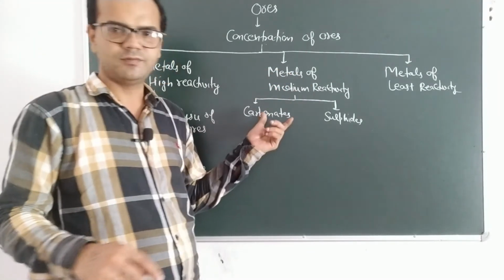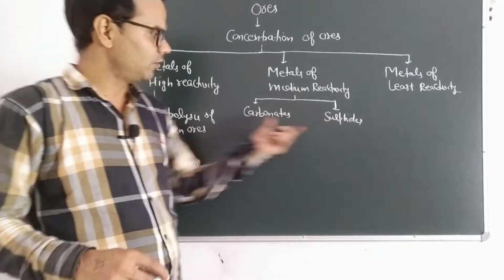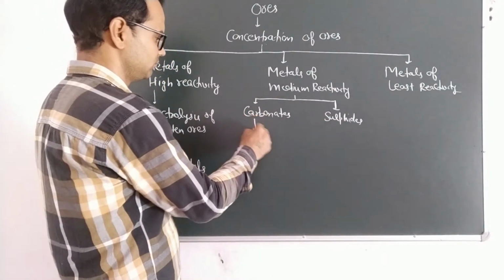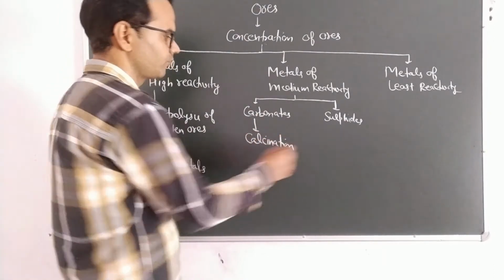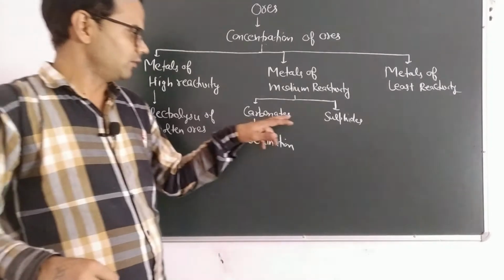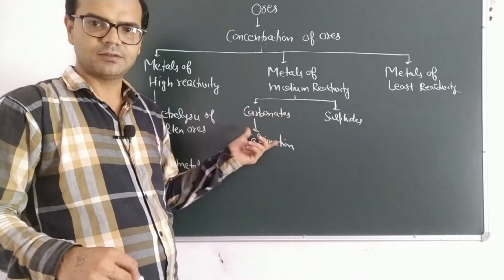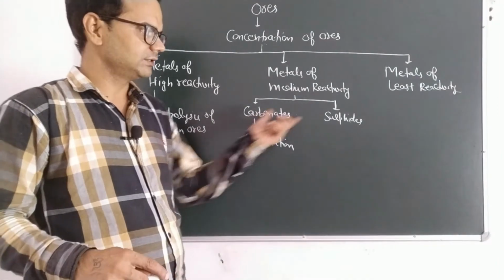They are found in nature in the form of either carbonates or sulfides. On carbonates, calcination is applied. Calcination is the heating of carbonates in the absence of oxygen or in a limited supply of oxygen.